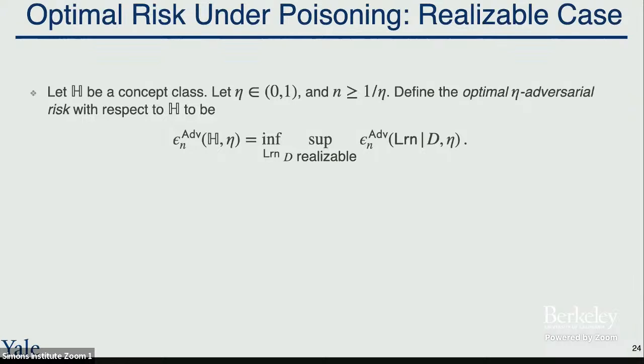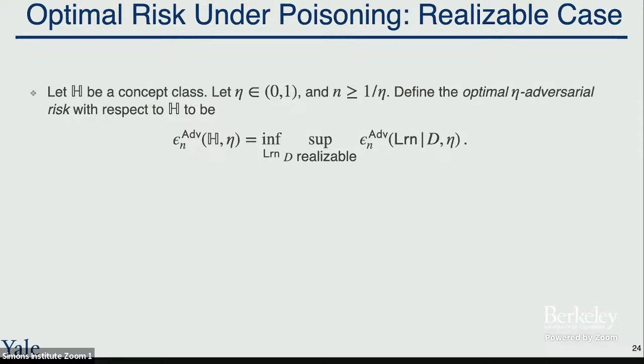So just to recall briefly, H is a concept class. Eta is a number between 0 and 1. That's the fraction of the data points that you can poison. And we can define the optimal eta adversarial risk with respect to the concept class as the following quantity. Just forget about the inf for a moment.